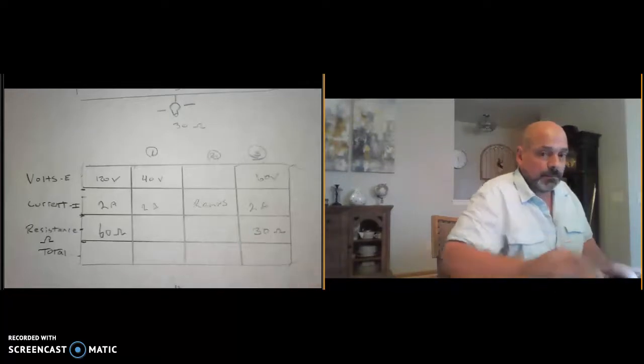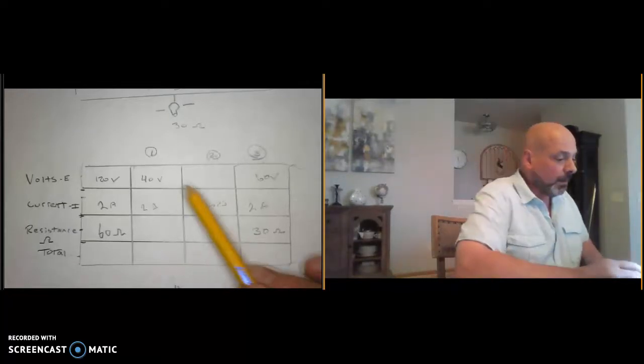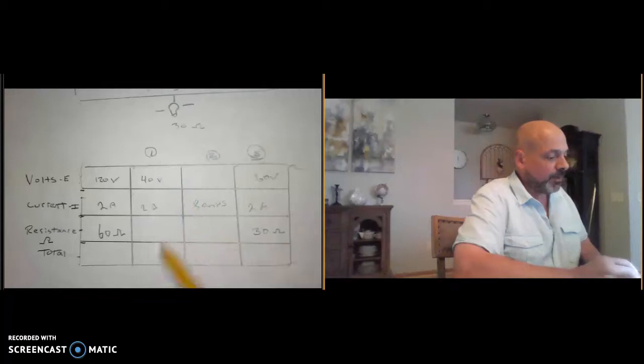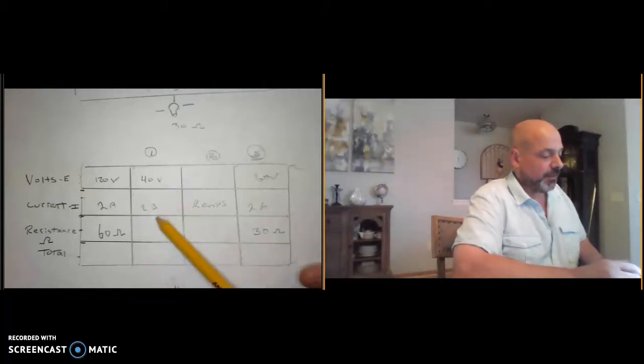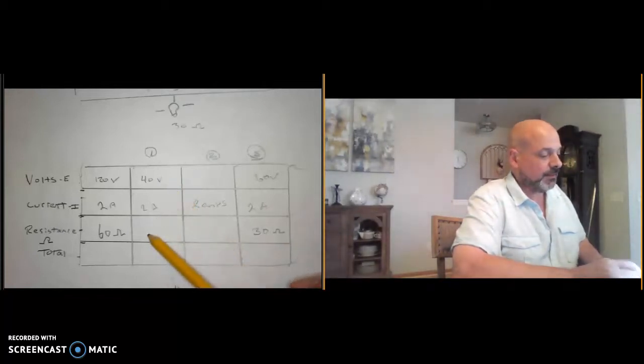And in the column for the first load, we also have 2 values, and we're looking for resistance. Resistance equals voltage divided by current. 40 divided by 2 is 20. We have 20 ohms.